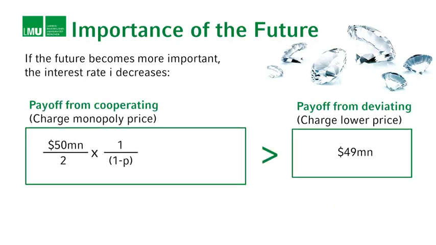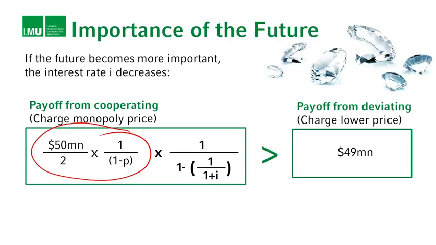Okay, so what we did here is we gave a formula and multiplied this simple expression with 1 divided by 1 minus, brackets, 1 divided by 1 plus I, close bracket. Okay, and that had to be larger than the profit from deviating once. And so again, apologies and thanks very much for pointing that out.